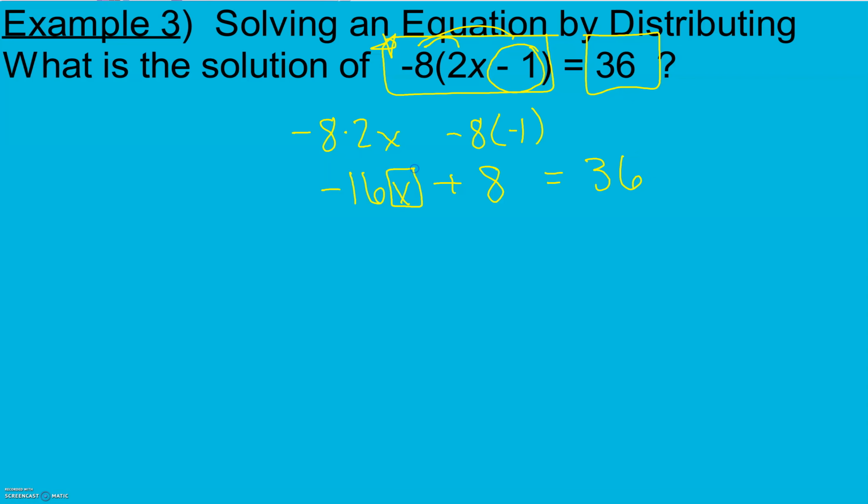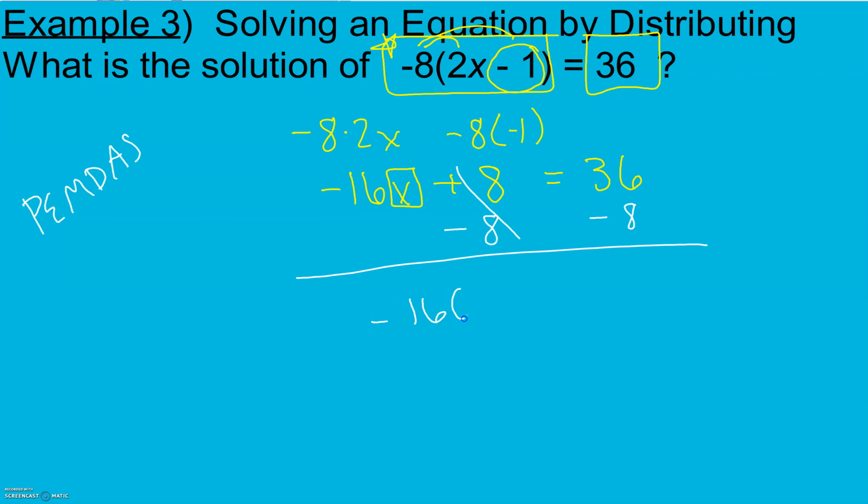At this point, I can go ahead and solve for my x. We do reverse PEMDAS, or get rid of any adding or subtracting first. Then divide by negative 16 to get rid of any multiplication. And again, we take that sign with the number.